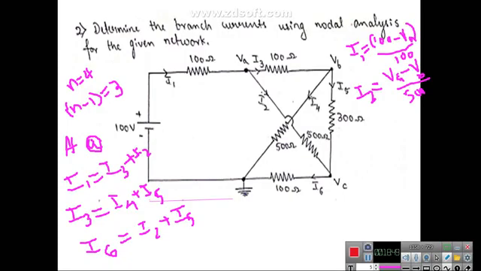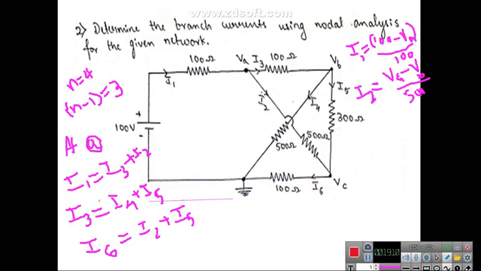Once you write the KCL equations for the identified nodes, you need to write the current equations. Then those current equations are substituted in the KCL equations.